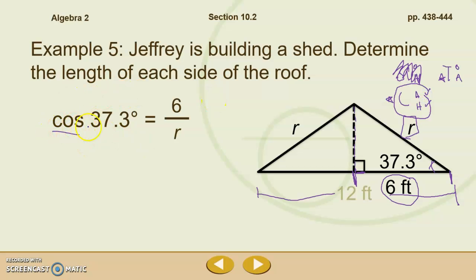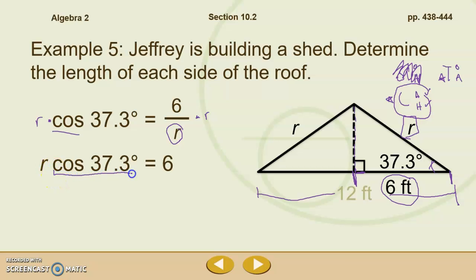And I know that the cosine of 37.3 degrees is adjacent over hypotenuse, or 6 over r. I now want to solve for r so that I know the length of that hypotenuse for the side of the shed. In order to get the r from out underneath the bottom of the fraction, I have to multiply both sides by r. So that gives me r cosine 37.3 degrees equals 6.